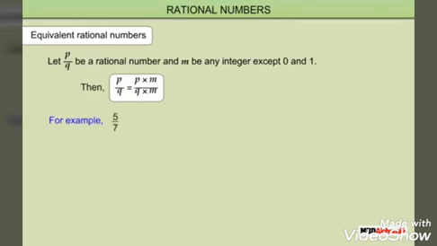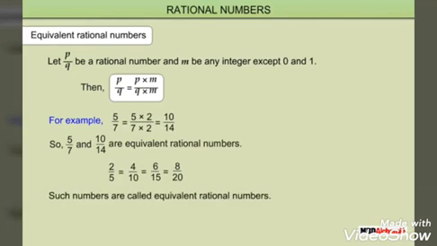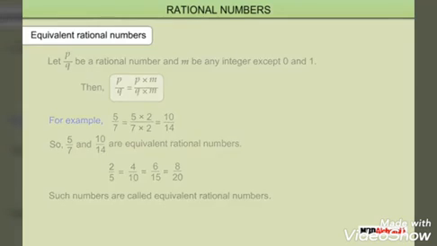For example, 5 upon 7 is the same as 5 times 2 upon 7 times 2, that is 10 upon 14. So, 5 upon 7 and 10 upon 14 are equivalent rational numbers. In a similar manner, 2 upon 5 is equal to 4 upon 10, is equal to 6 upon 15, is equal to 8 upon 20. Such numbers are called equivalent rational numbers.